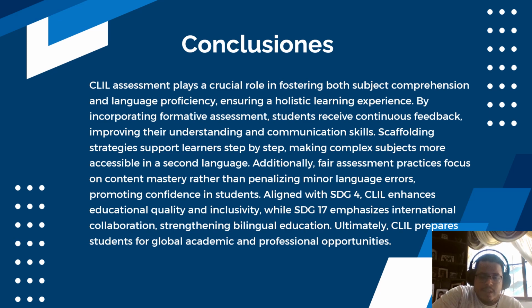Okay. Then number 17, the last SDG, the last objective, is 17, and it says emphasize international collaboration. Remember, when we are talking about 17, it is because English gives schools and universities the opportunity to connect to each other in a global way, right?